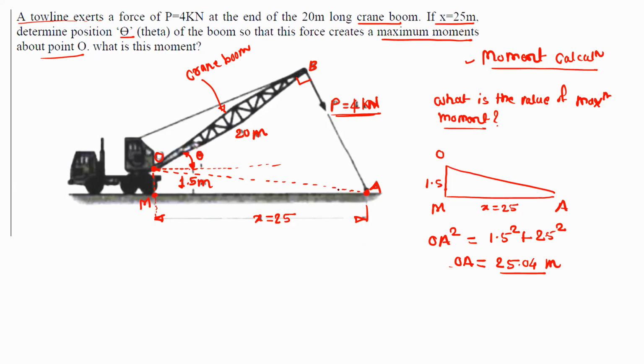Then we will find out this angle. Let us take this angle as theta 1. This theta 1 angle we can use to find out this complete angle, the angle of this boom OB with respect to this line AO. So we have to add this theta 1 to the theta. We will get this total angle because this theta 1 is equal to this angle. Okay, these are the alternate angles.